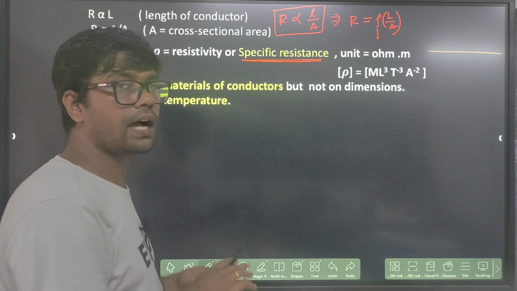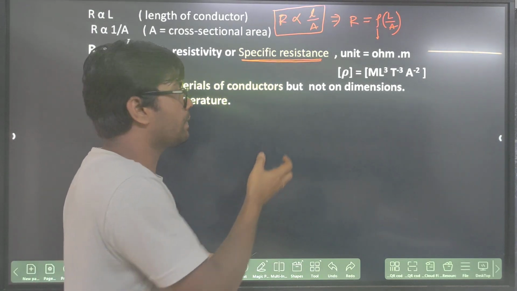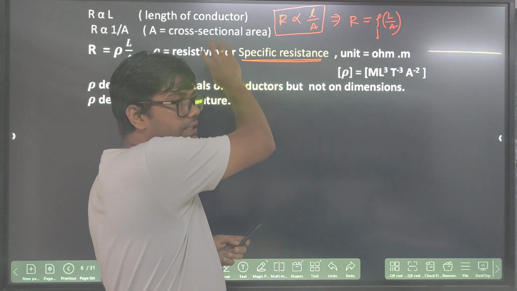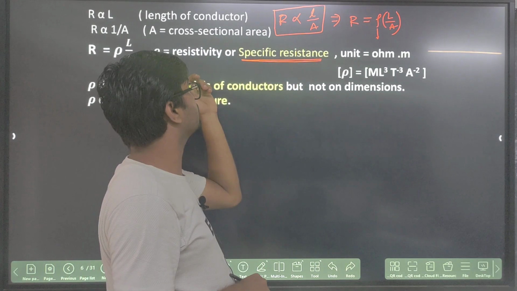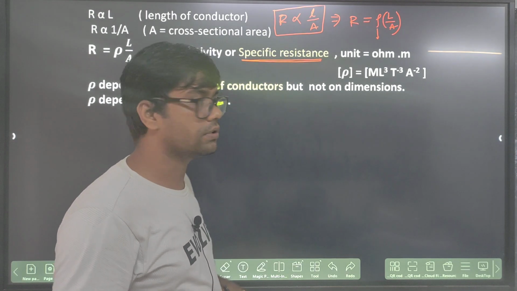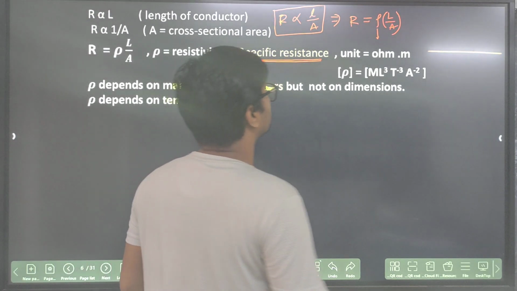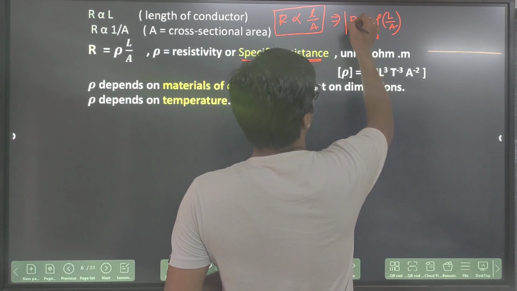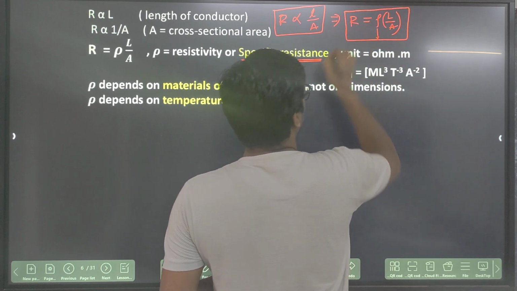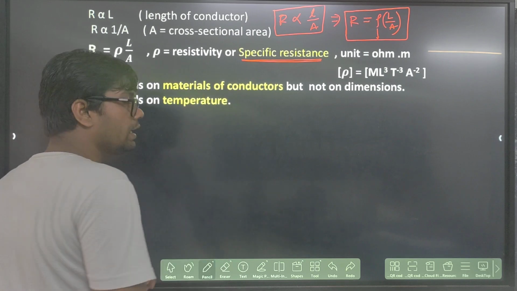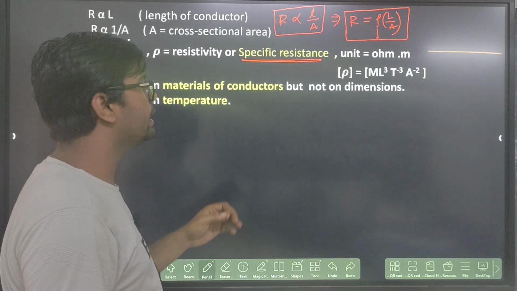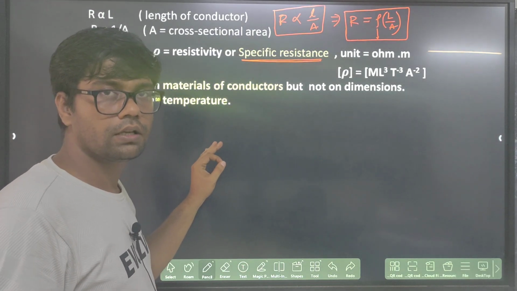Sometimes in questions they ask for specific resistance, without giving resistivity they will give the specific resistance. So keep in mind that its other name is specific resistance also, right? So it's R equal to rho L by A, and just remember rho is your resistivity or specific resistivity. In detail we will talk about resistivity, right?